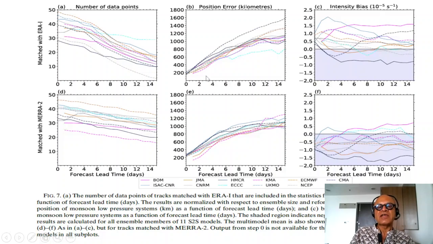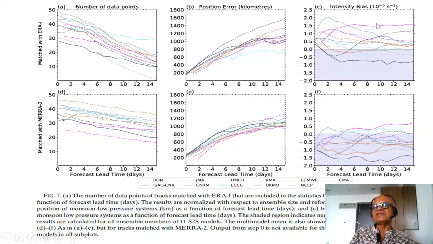The position error, again, compared to ERA, there is a slightly larger range of position errors as lead times increase, and they are more tightly bound to each other compared to the comparison with Mera, for whatever reason.